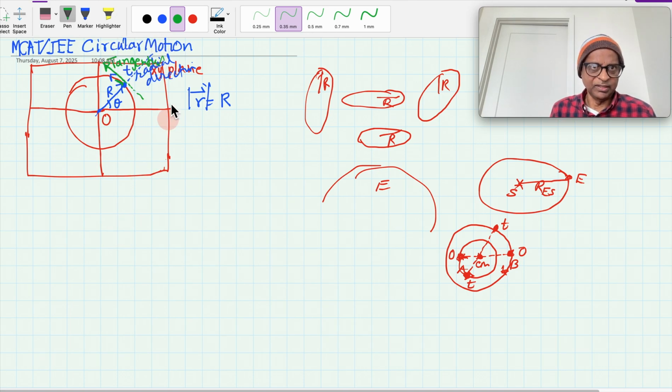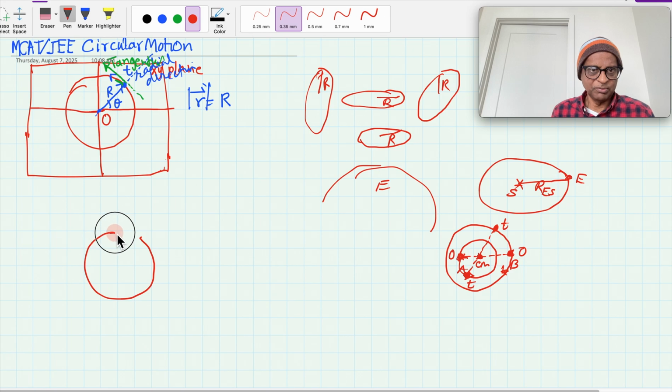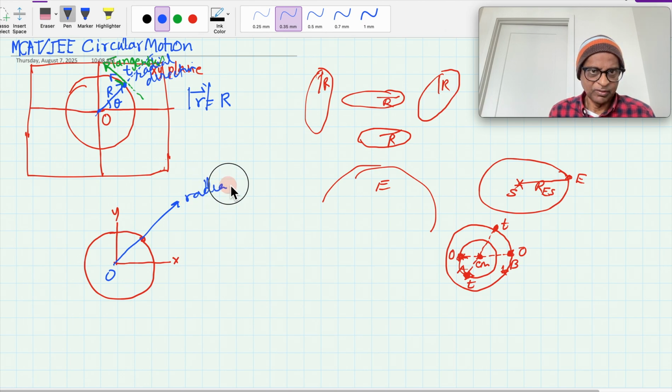So let me draw it again over here. Sometimes I draw a very nice circle, but sometimes I don't. So these are the coordinates x and y, and from the origin onward is the radial direction. I go tangent to this in the counterclockwise direction.